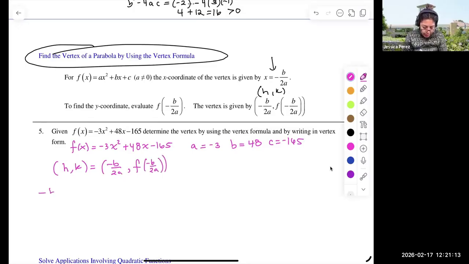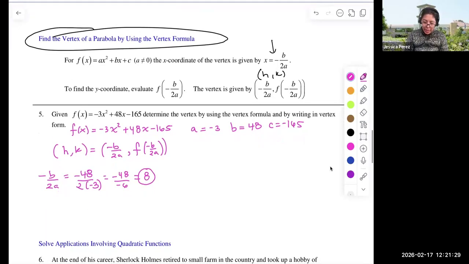Negative B over 2A is negative 48 over 2 times negative 3. So that's negative 48 over negative 6. That gives me a positive 8. 8 times 6 is 48. So my H is 8. Now that I know what H is, I'm going to substitute that into my function. So f of 8, that's what I'm finding to be K. Negative 3 times 8 squared plus 48 times 8 minus 165.